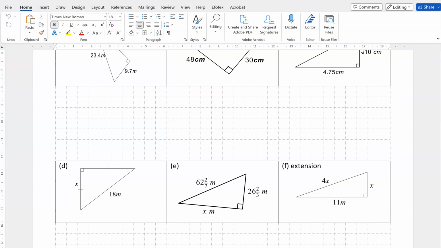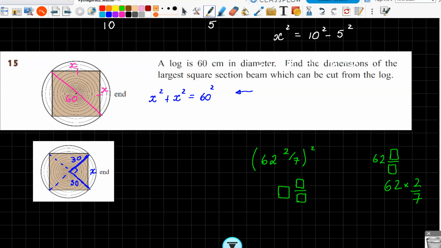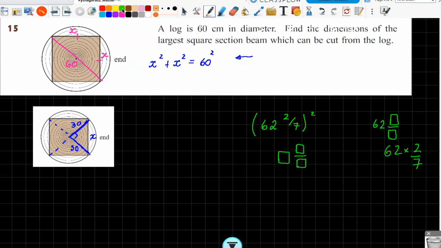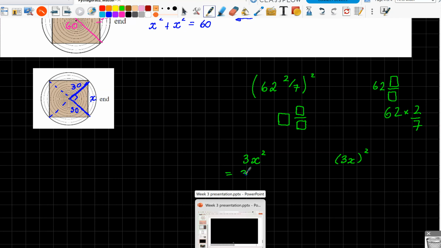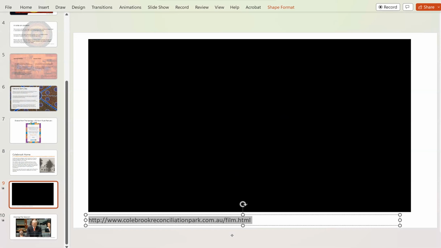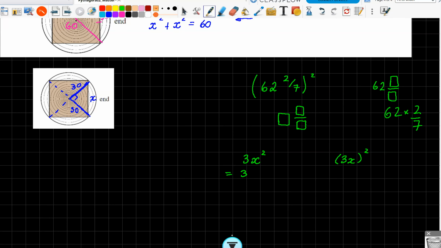With the extension there, I just want to give you a hint, or ask you a little bit of a question, and that is: is there a difference between 3x squared and 3x all squared? Absolutely, because 3x squared is just 3 times x squared, do you agree?